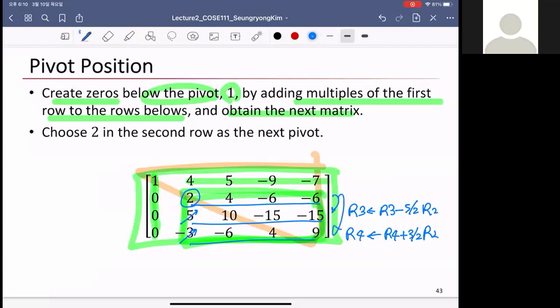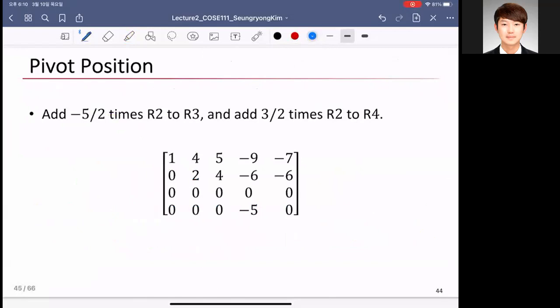Then our new matrix is going to look like this. Right. And we already know this is a pivot position. And in an echelon form, we easily expect this one will be the leading one in reduced form, right?